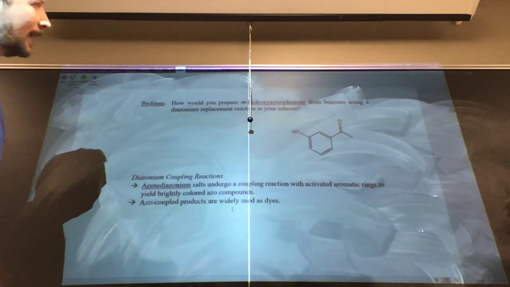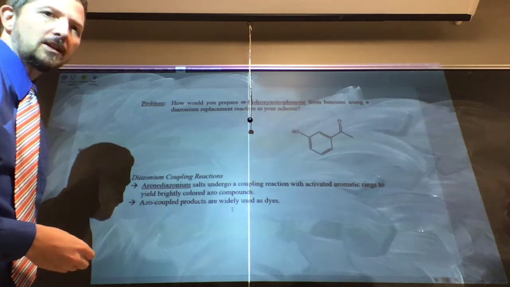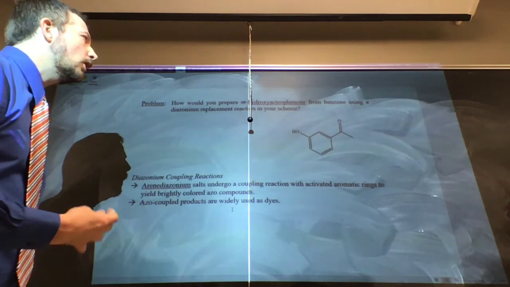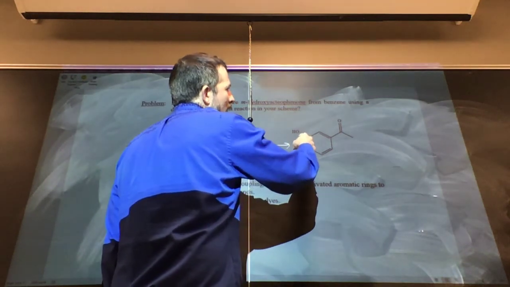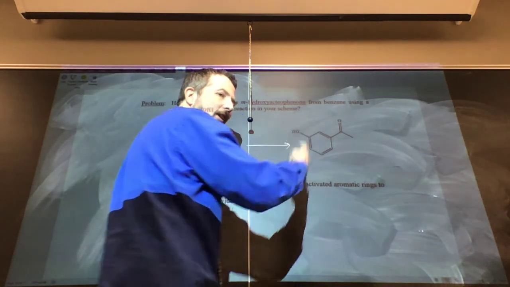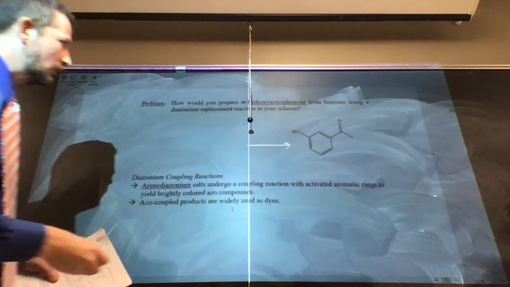It says, how would you prepare meta-hydroxyacetophenone from benzene using a diazonium replacement reaction in your scheme? So the only diazonium replacement reaction, the only thing that we looked at in all of those previous reactions, was that OH group. So I'll do that one.